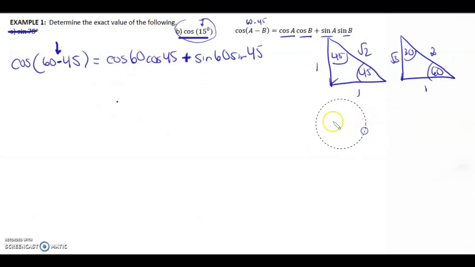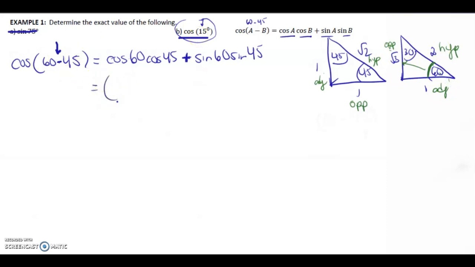So let's take a look at labeling these two special triangles in relation to the 60 and the 45. This is going to be opposite, adjacent, and hypotenuse. The hypotenuse doesn't change. And then for 60, we do it relative to the 60, so this side is going to be opposite, the root 3 this time, then adjacent and hypotenuse.